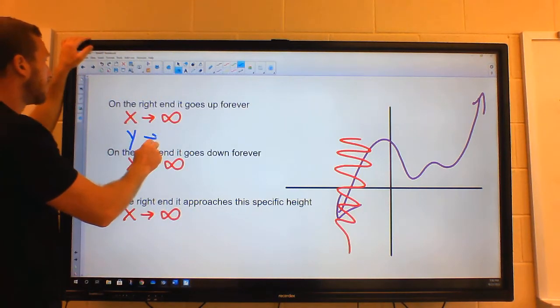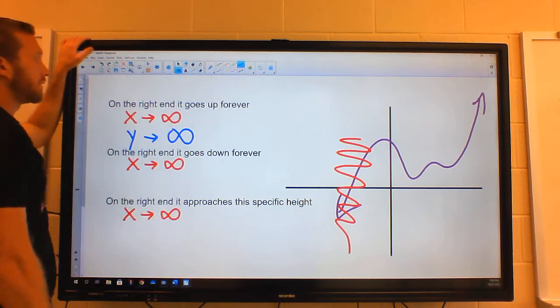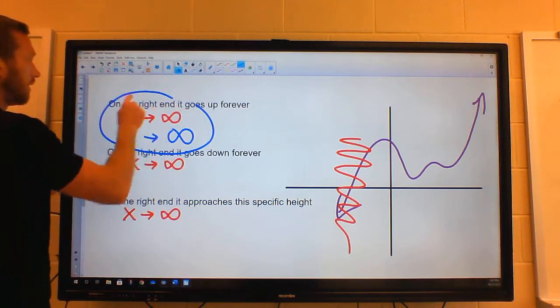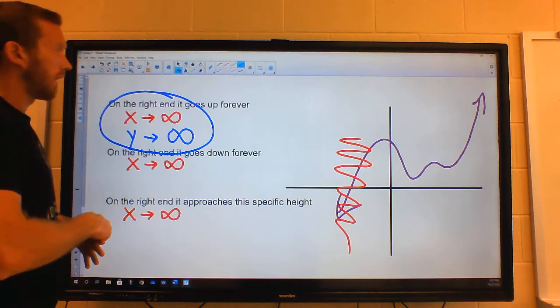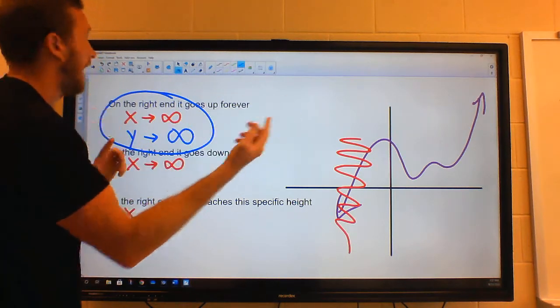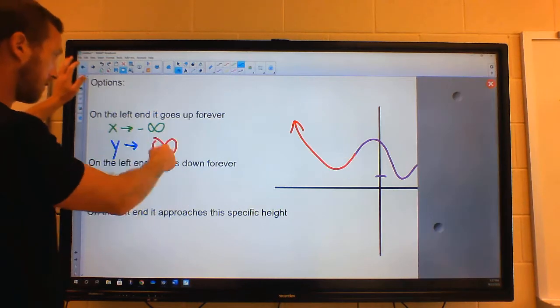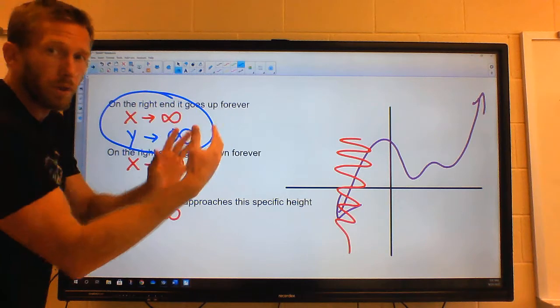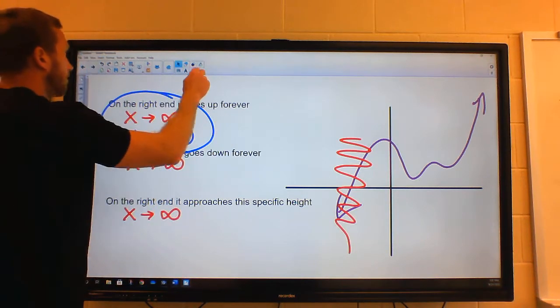So the height goes up forever to infinity. So this would be how we would write the right half of our end behavior. Remember, for end behavior, we do both halves. So you put the previous slide together with this slide, okay? Granted, it would all be on one graph, of course, right?